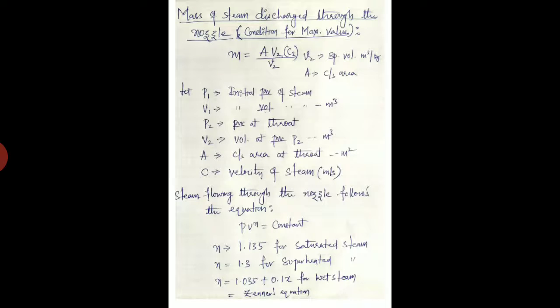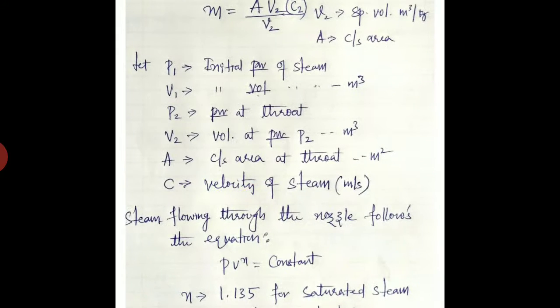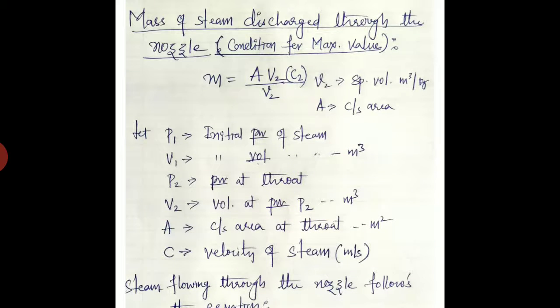Now we shall see the brief relations about how exactly the mass of steam discharged through the nozzle can be calculated. Already we know the equation M is equal to A V2 by the specific volume.